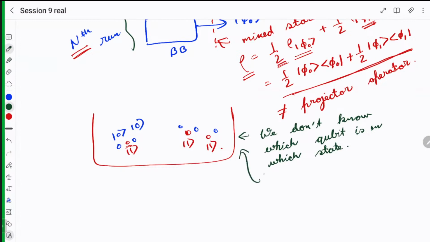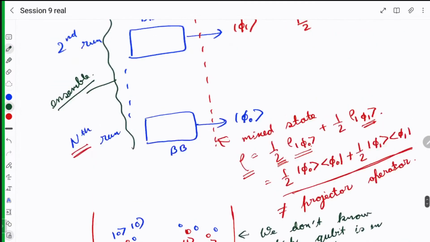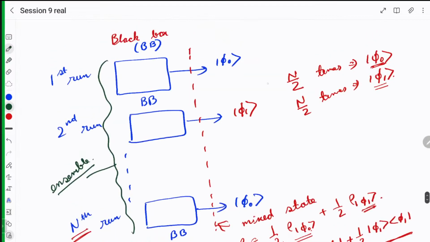But we know that 50% of them are in Ket 0 state and 50% of them are in Ket 1 state. And you can see that this is exactly equivalent to this black box scenario.